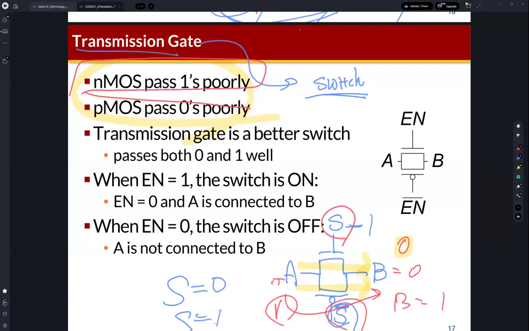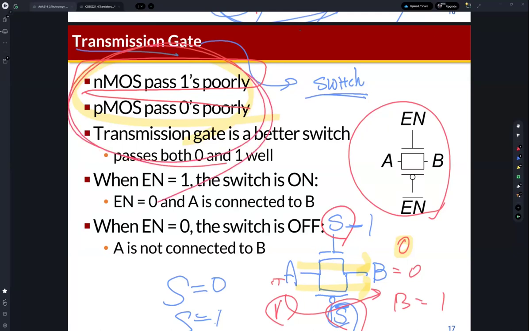So this is a transmission gate, a pure switch. We can build a switch using a transmission gate. We need to know that the NMOS transistor passes zeros fully and the PMOS transistor passes ones fully. So this is another basic gate, the transmission gate.